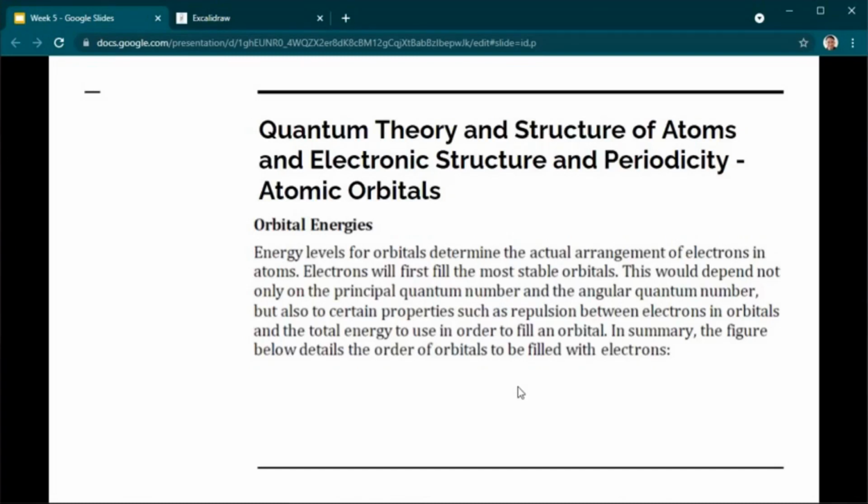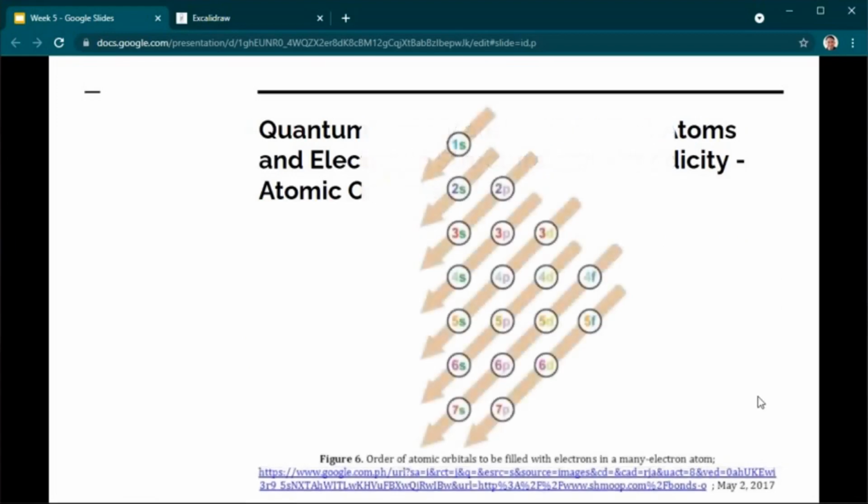In summary, okay, so here is the order in which the electrons are filled in our atoms. So first, the electrons will fill the slot for 1s, then 2s, then 2p, 3s, then 3p, 4s, 3d, 4p, 5s, and so on and so forth.